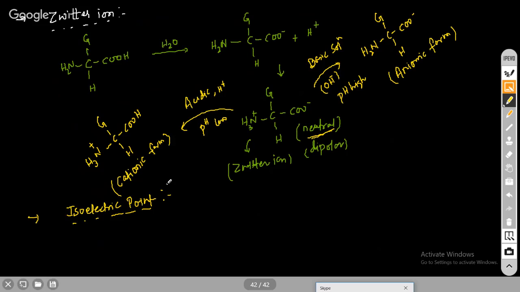Write down: when we connect the electrode with an external voltage source, then the cationic ion moves towards the negative rod and the anionic ion moves towards the positive rod.